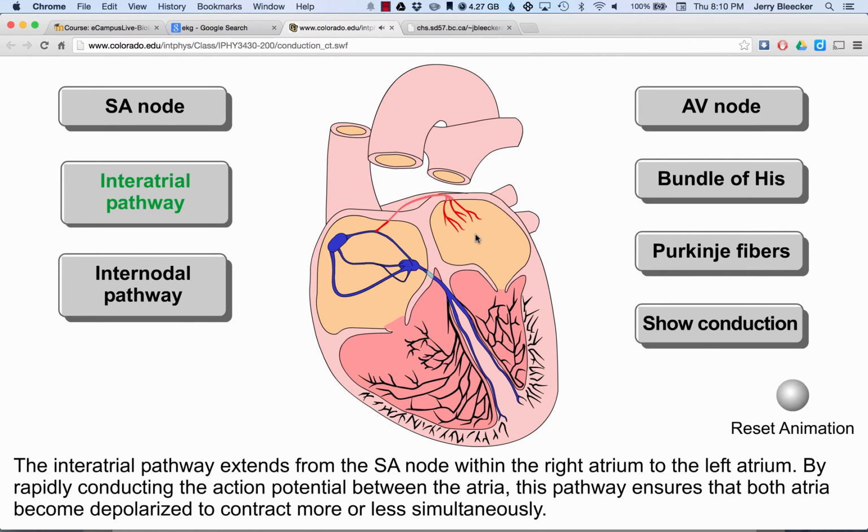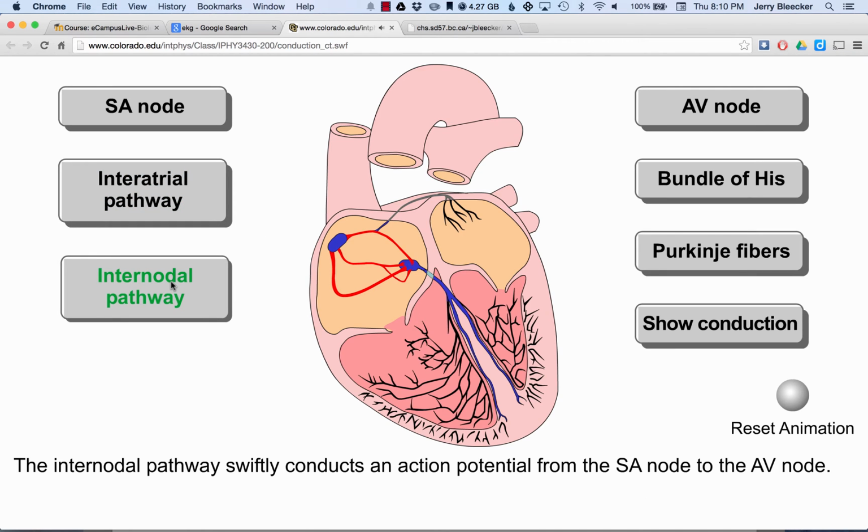And then we have to think about, how do we alert the ventricles? The ventricles should not be going first. Makes sense. Get the atria to fire first, and then send a signal down through this little pathway here, they call the internodal pathway, down to another node. You can think of this as an amplifier.